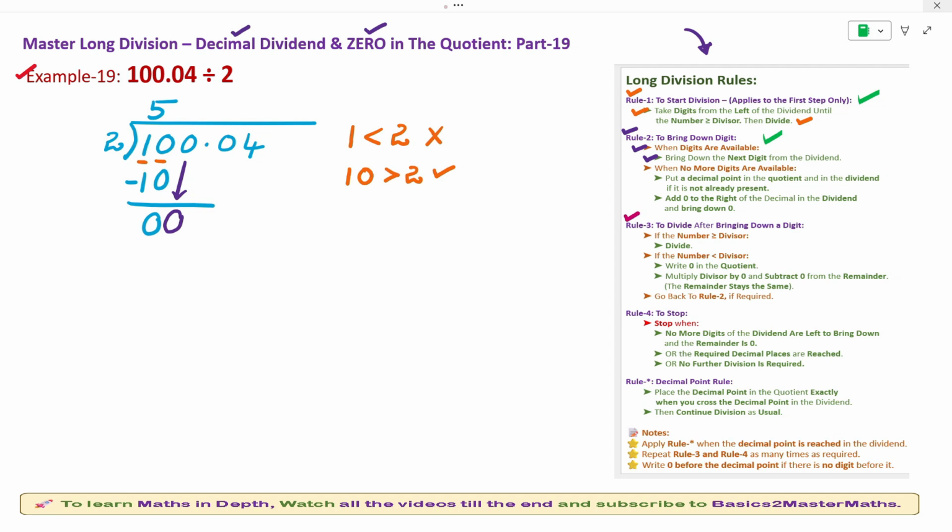Let us apply rule 3. Observe, now the number becomes 0, which is less than the divisor 2.